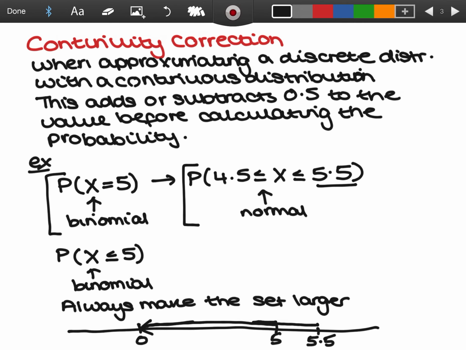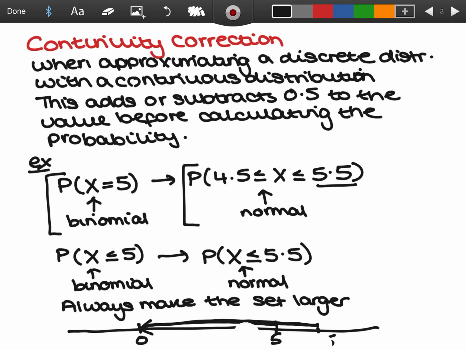So what I end up doing is making this set larger. I make my line longer on the number line, but I'm going to take this into the normal distribution as the probability that x is less than or equal to 5.5.